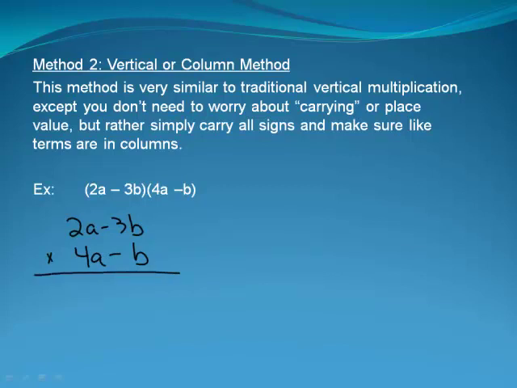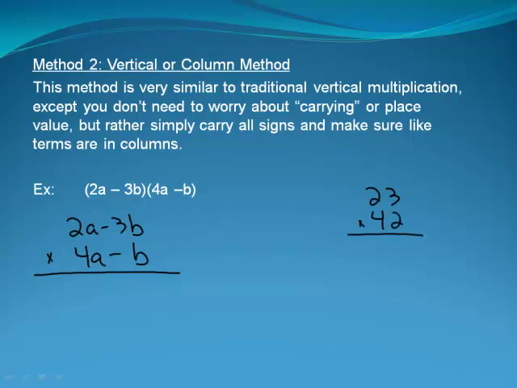Now again, in grade school, when you did column multiplication, you had to worry about shifting over and putting in placeholder zeros and things like that. In this case, you don't need to worry about that. You just need to be careful about sign, and you want to column up like terms. Okay? So just to give you an example, let's say that you were doing 23 times 42.